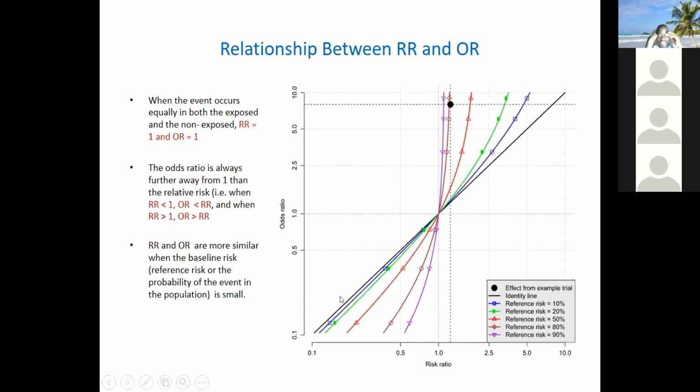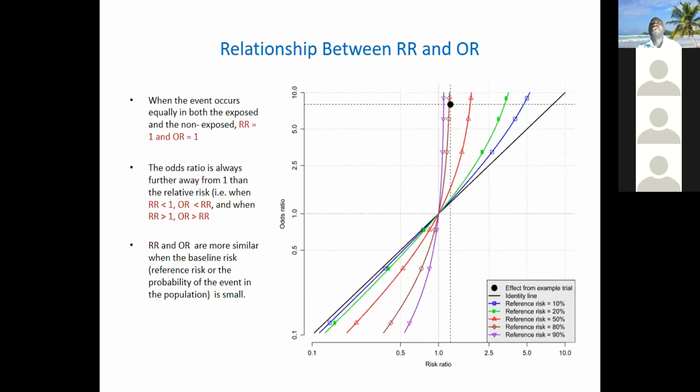What I just want to say is, when relative risk is greater than 1, the value of the odds ratio is greater than relative risk. When relative risk is less than 1, the value of the odds ratio is less than relative risk. I don't know if you understand me now.